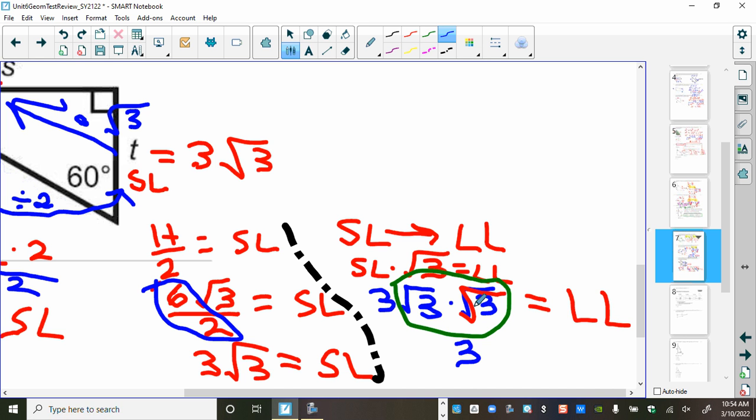Square root of 3 times square root of 3 just becomes 3. If it was dividing, then it's a 1. Here, rather than add, we are multiplying. That's multiplication. And then what's 3 times 3? There's your long leg.